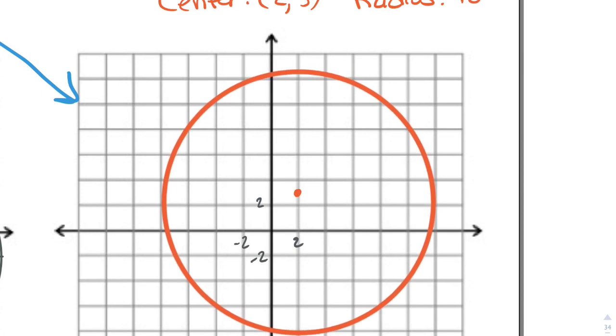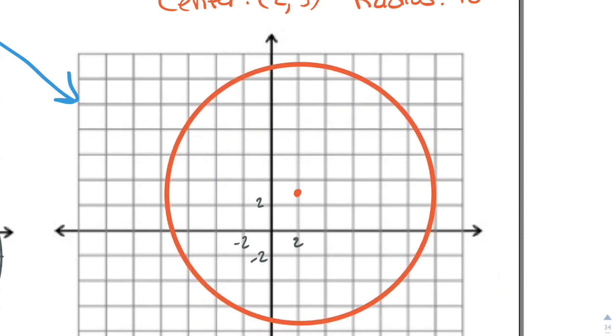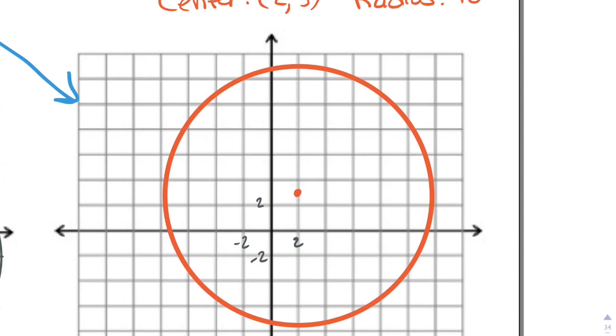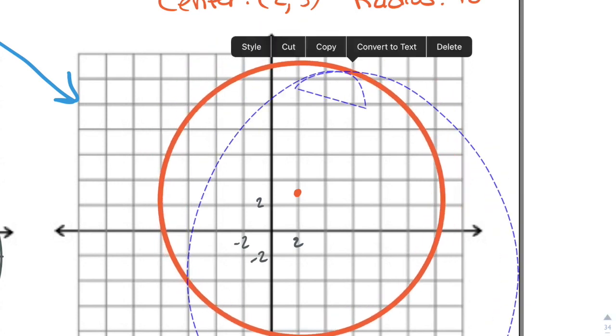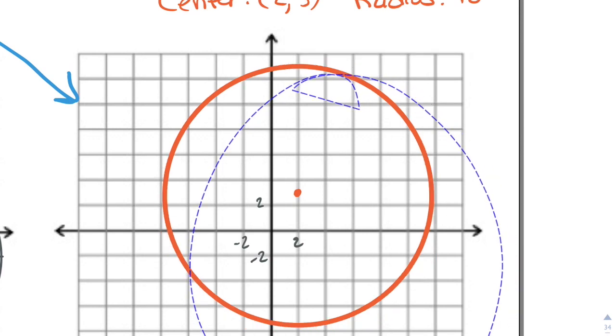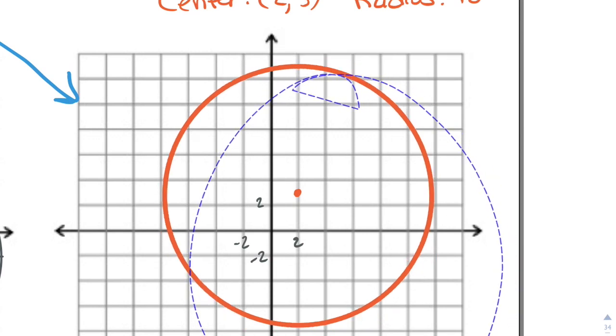Take this with a grain of salt. I think I need to move it up a little bit. Okay, that's about what you're going to get. It's a little off. I'm afraid of doing that because it's too much. Let's just say that that's that.